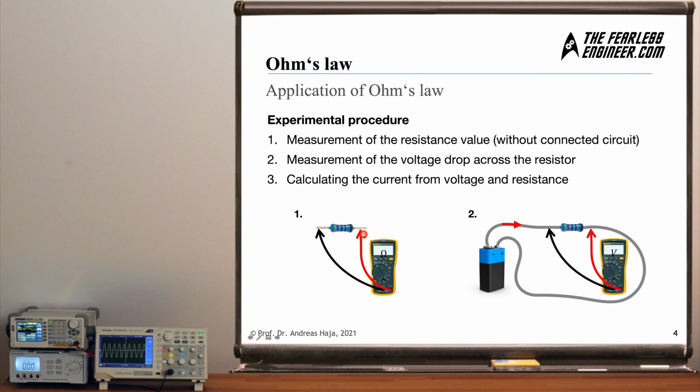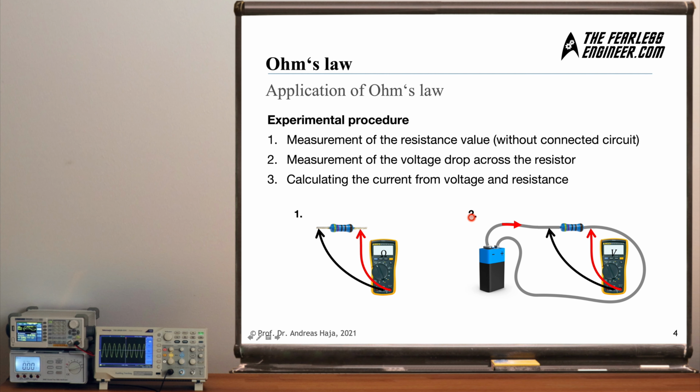Otherwise, this small current will flow elsewhere and we will have a falsified reading, because not all the current which we send into this connector will come out at the other end and be available to compute the resistance value. So the resistor has to be disconnected from any circuit it might be connected to.